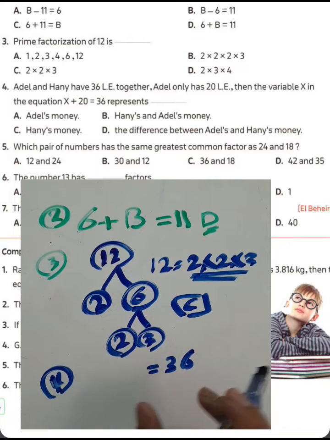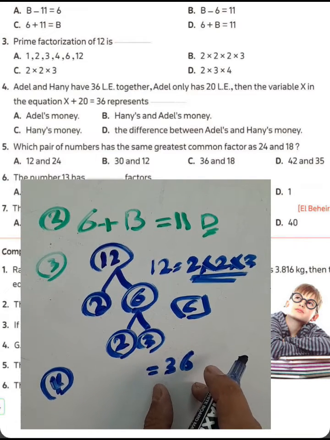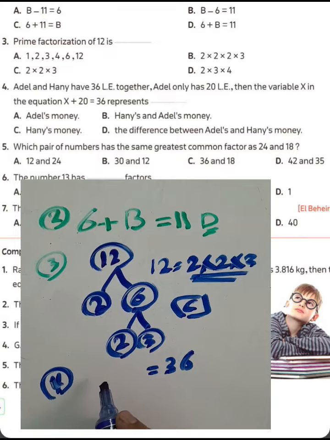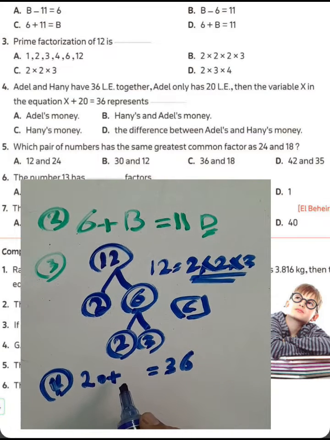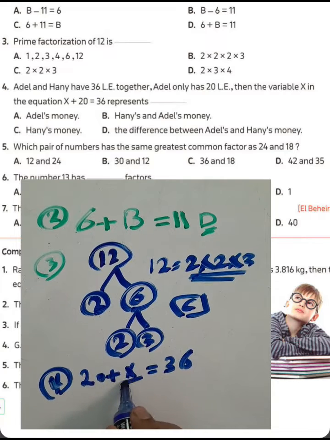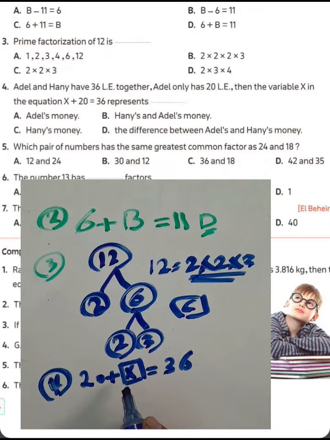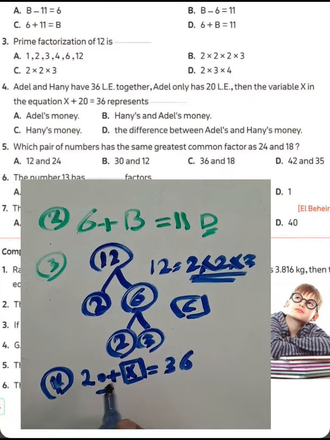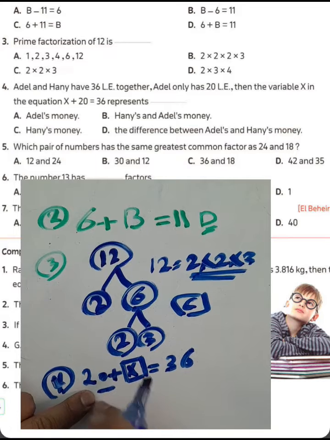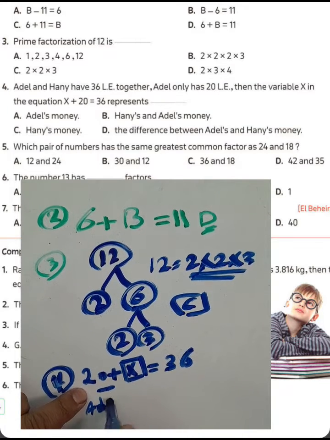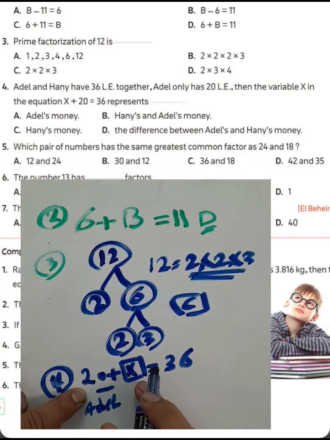Okay, Adil and Hani have 36 Egyptian lira. Adil only has 20 lira. So we can write 20 plus the variable x here in the equation, x refers to Hani's money, because Adil only has 20 lira. 20 lira for Adil, and x lira for Hani.